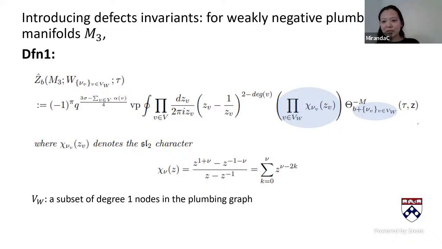The proposal is, let's deal with the same kind of manifolds, the plumbing manifolds with the right signature. And then I'm going to introduce what we call generalized defect invariants. The change is highlighted in blue.